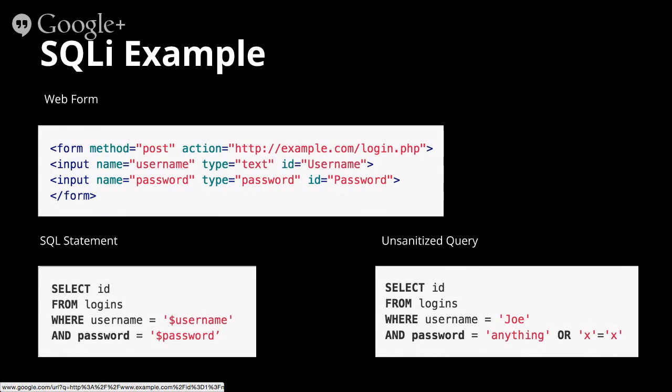We're actually adding our own single tick, and then we're adding an or tick x tick equals tick x tick. Does everyone see how that happened? Is anyone confused by that?